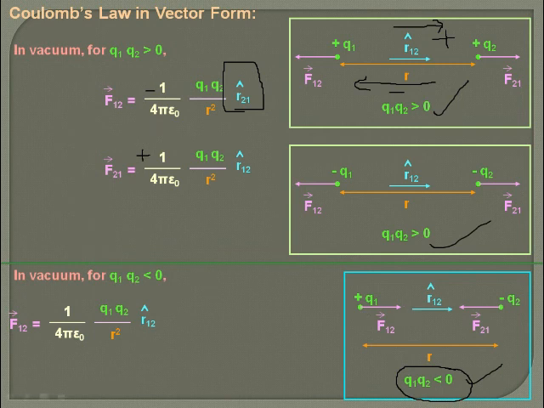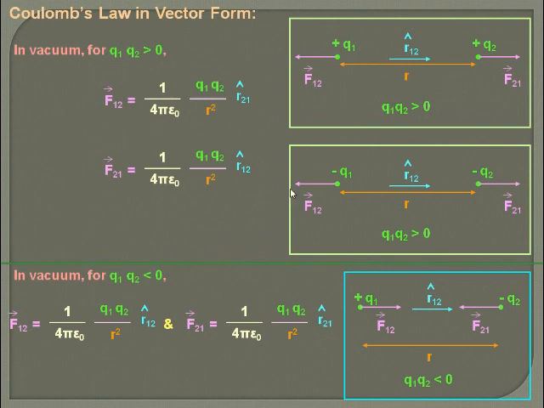Since we have already considered this direction as positive, this time we have to place a positive sign in front of F12. And F21 will be 1 over 4 pi epsilon naught q1 q2 upon r square r21, and we have to put a negative sign because now F21 is directing in this direction, and this direction we have taken as negative.